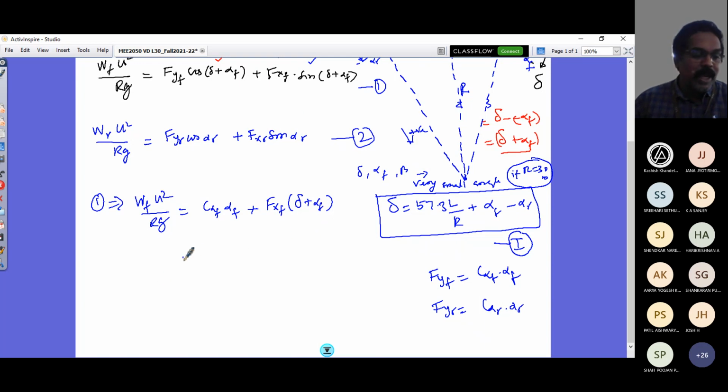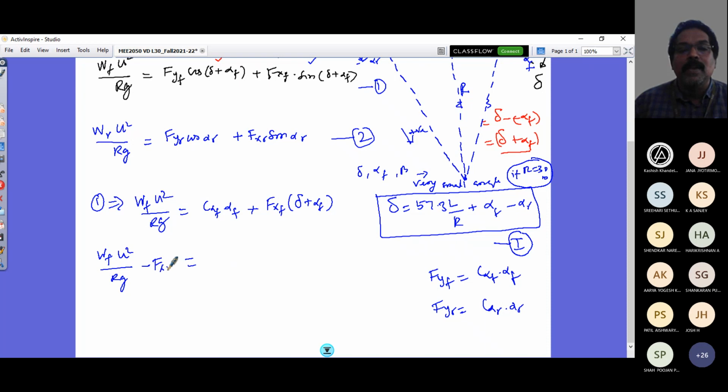So now let me just rewrite this equation. See, I have here a delta term, right? So let me rewrite this equation. I just want to write an expression for alpha F from this. What is alpha F? So that I can plug in this equation. So how do I do that is in this way. So here the term without alpha F would be taken on the other side first. So that is WF U squared by RG. So the term here FXF into delta comes on this side.